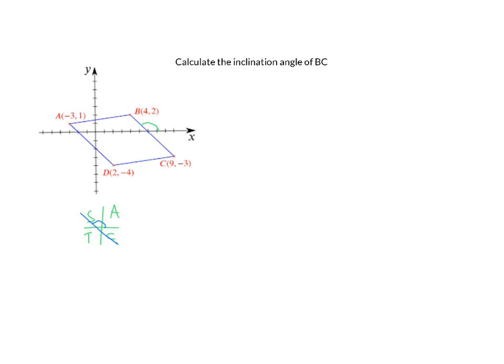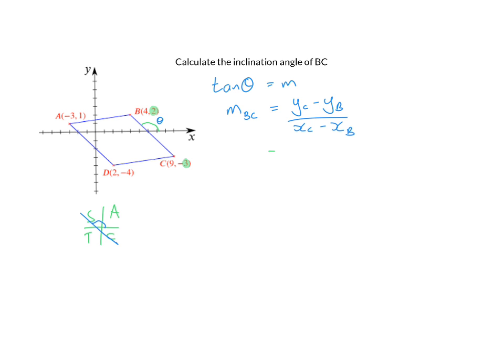We can again begin by writing that we know that tan theta, this is our theta angle, is equal to the gradient m. So I need to determine m for the line BC. That's equal to YC minus YB over XC minus XB.